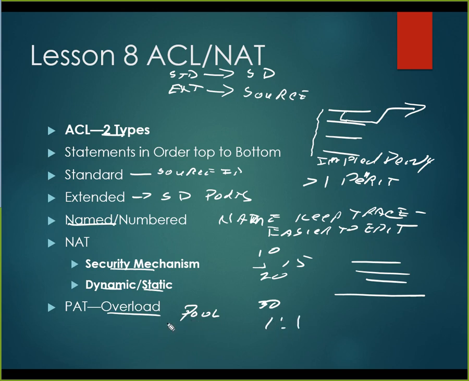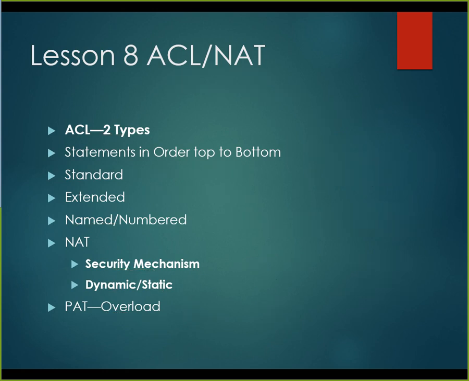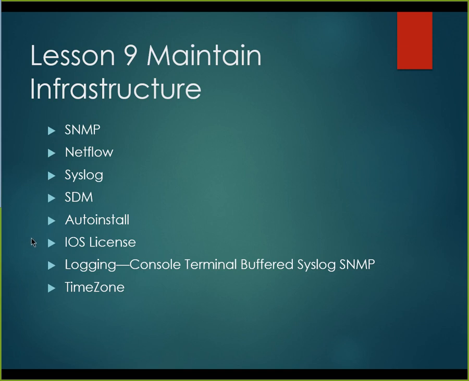And then overload, if we run out, overload is actually port address translation. If we only had 1 address, we would NAT to our interface and then give it the overload command, and it would automatically go into port address translation. A whole lot more ports than there are IP addresses typically in the world that are available to us anyway.